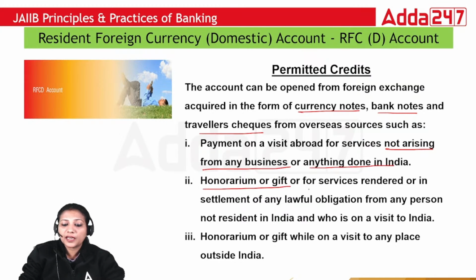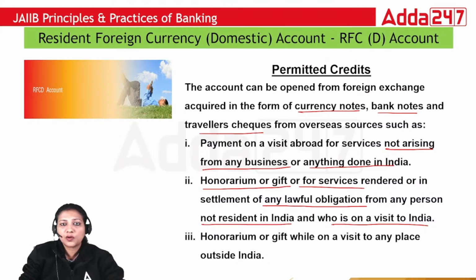Honorarium or gift or services rendered or in settlement of any lawful obligation from any person non-resident in India and who is on a visit to India, that can be credited in the RFC-D account.